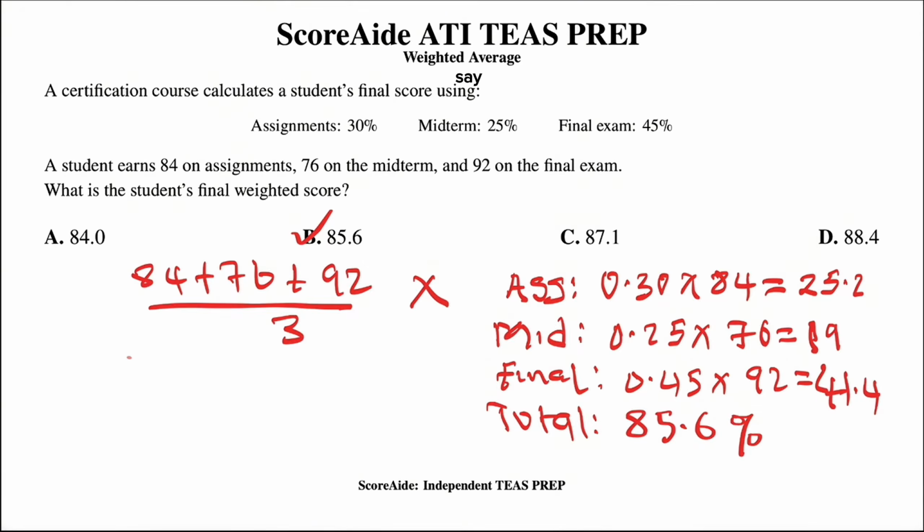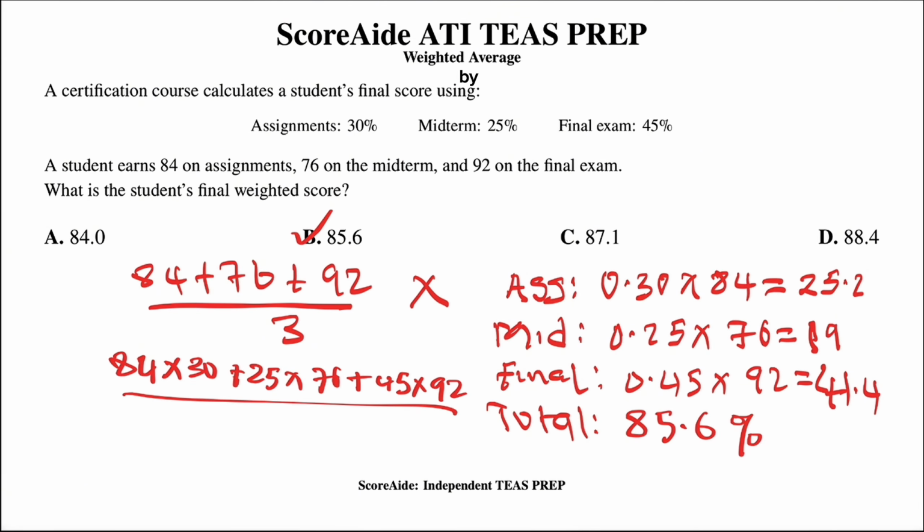You can still say 84 times 30 plus 25 times 76 plus 45 times 92. All this divided by 100, which is equal to 85.6, right? So the answer is B.